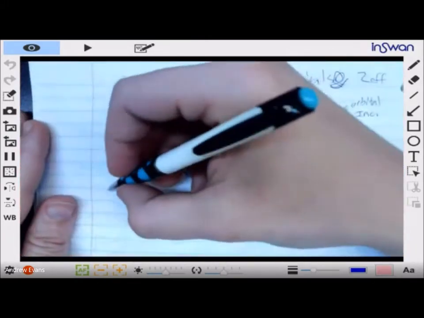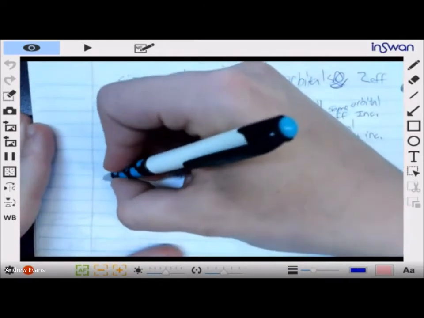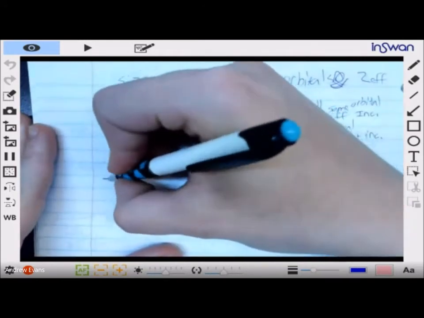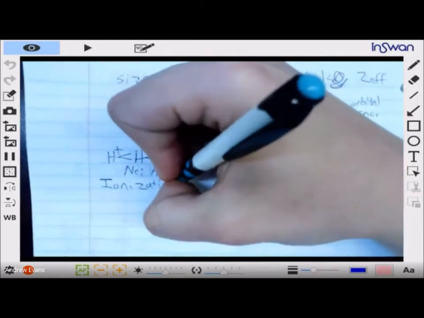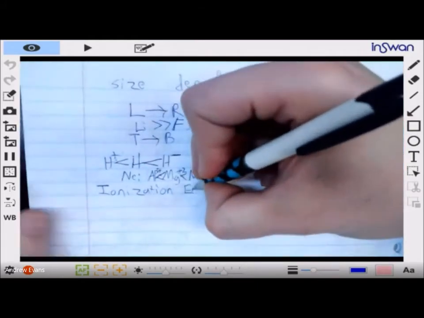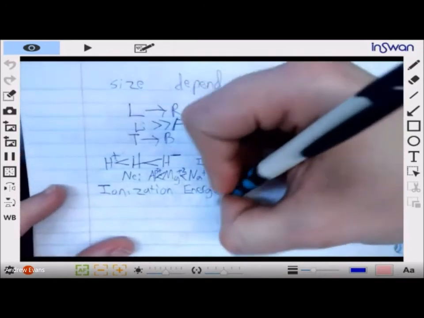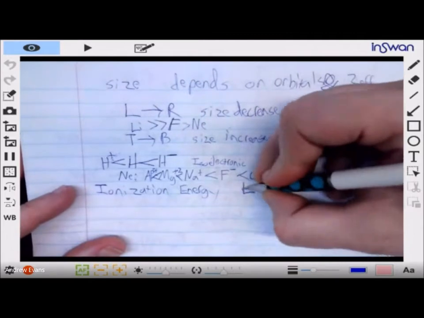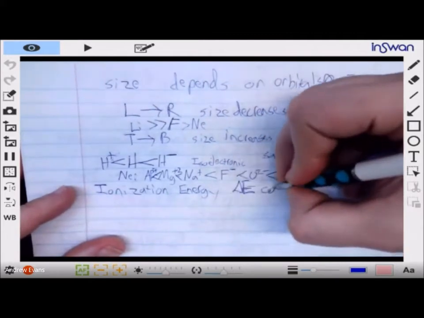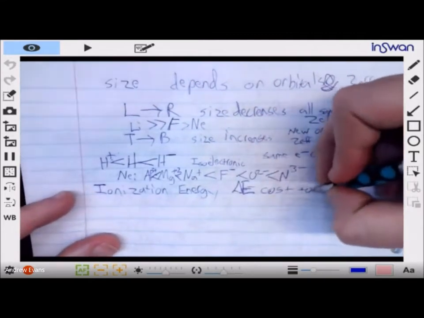Our first trend is our ionization energy, which is the energy it takes to remove an electron. Energy cost to remove an electron.